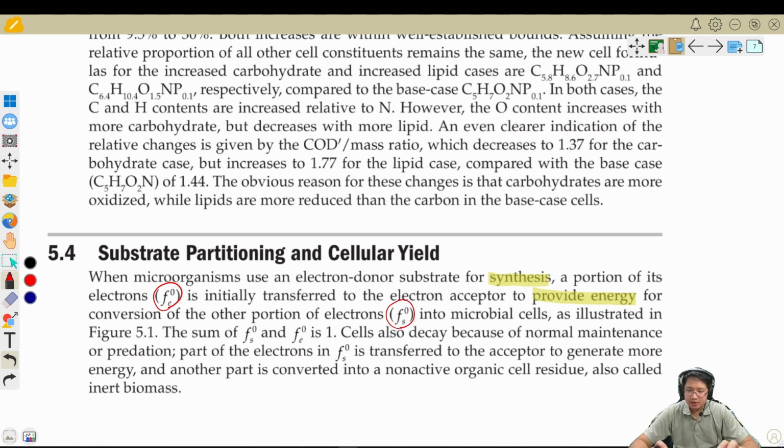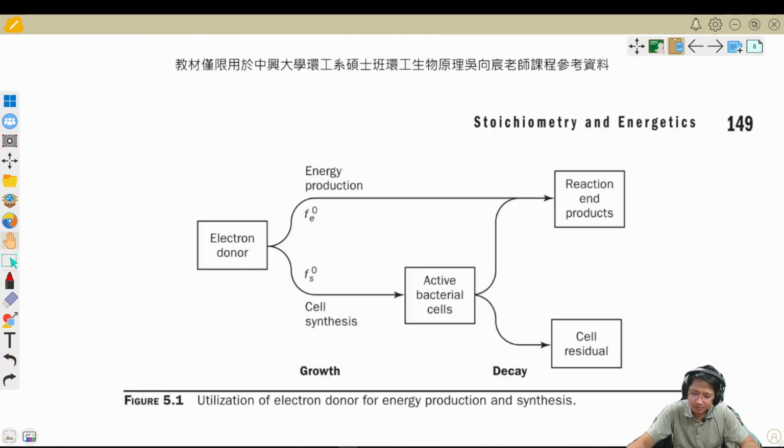Basically, their sum is equal to one, because it comes from a one-electron oxidation-reduction chemical reaction. We can see figure 5.1 here. You harvest all the electrons from your electron donor substrates, and the electrons coming from the substrates divide into two portions.